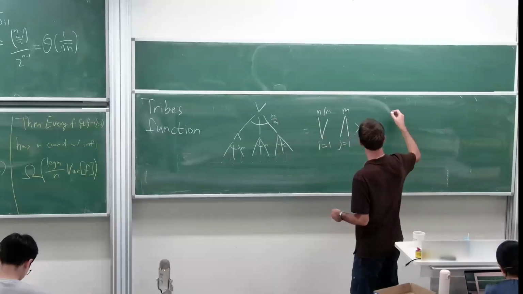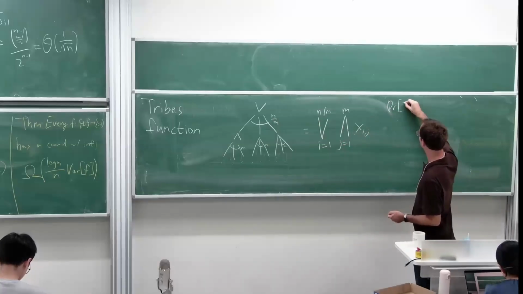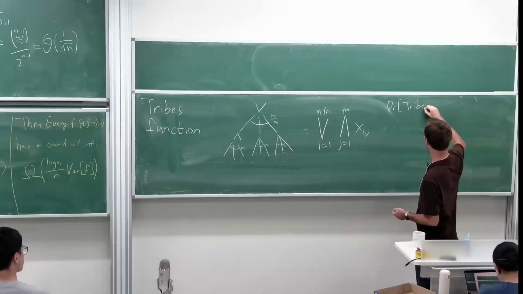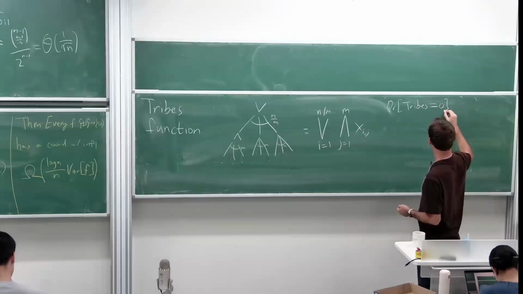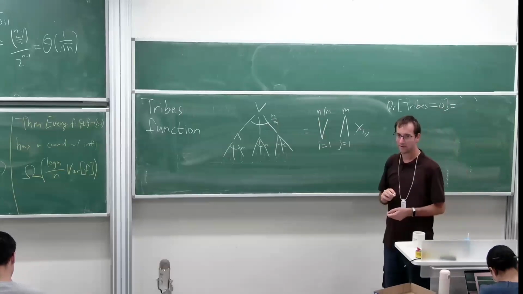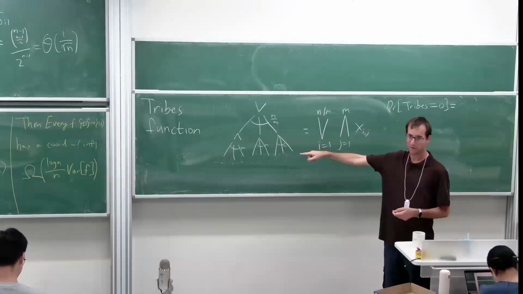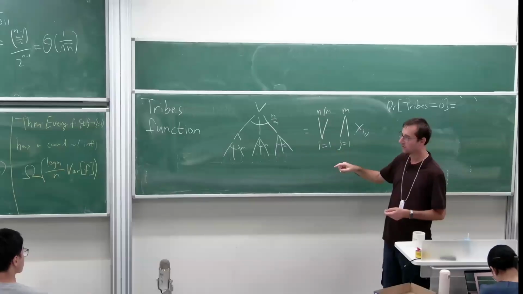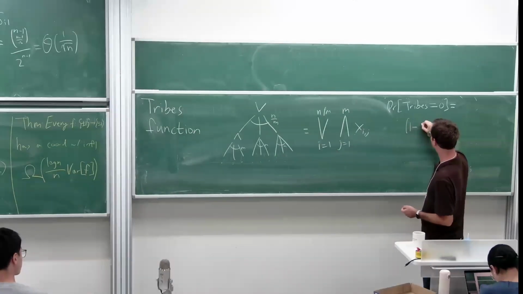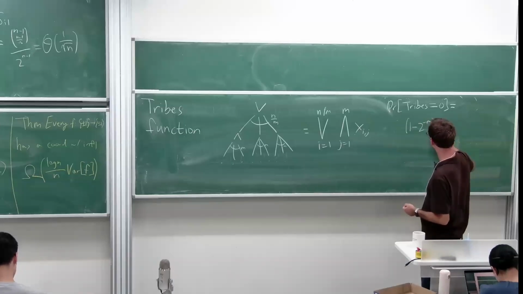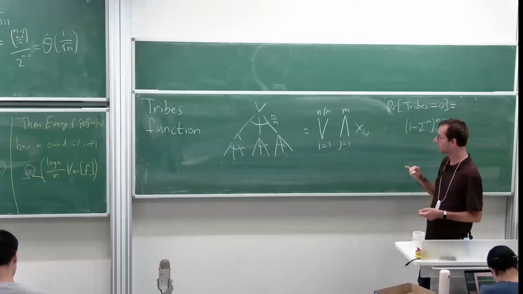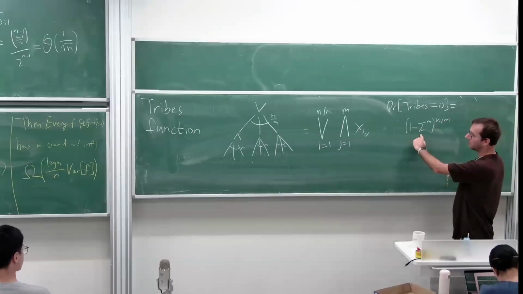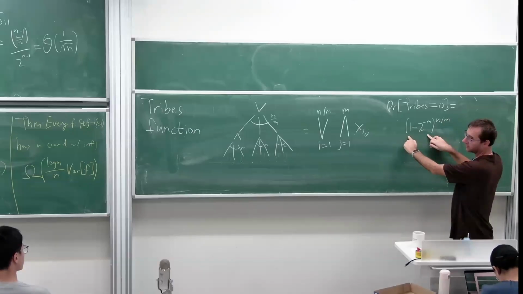Okay, so what is the probability that this function is equal to 1 or equal to 0? We momentarily switch back to 0, 1. In order for this function to be 0, we need all of the tribes to vote 0. For a single tribe to vote 0, the probability is 1 minus 2 to the minus m, and this is raised to the power n over m. 2 to the minus m is the probability that one of the tribes votes 1, so 1 minus this is the probability that the tribe doesn't vote 1.